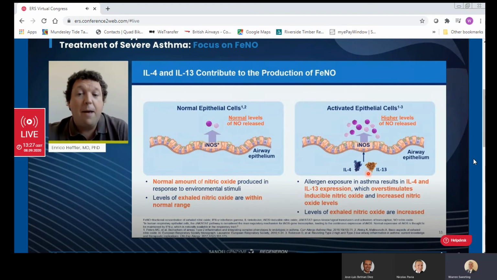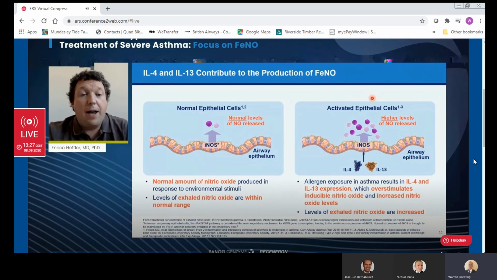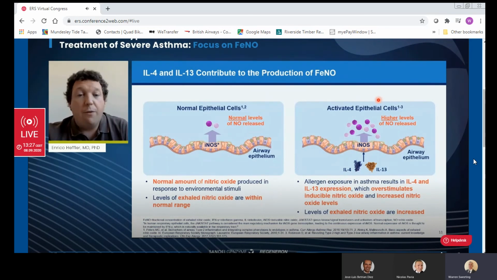But it is important to know that nitric oxide is normally present in the airways because it is normally produced at epithelial level by the constitutive forms of nitric oxide synthase, in a very small production.